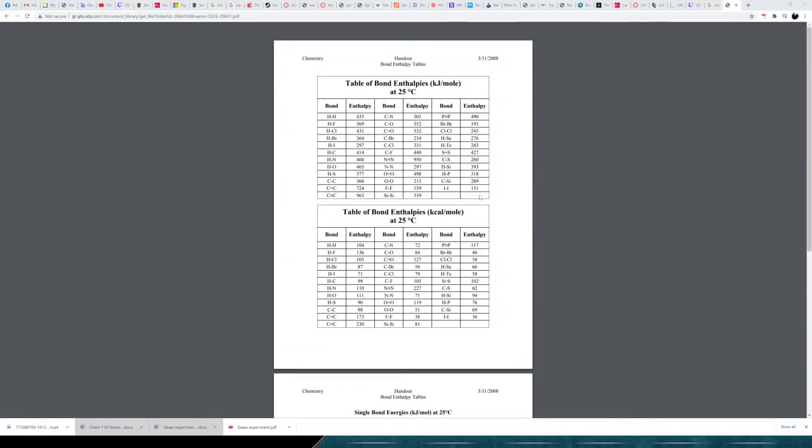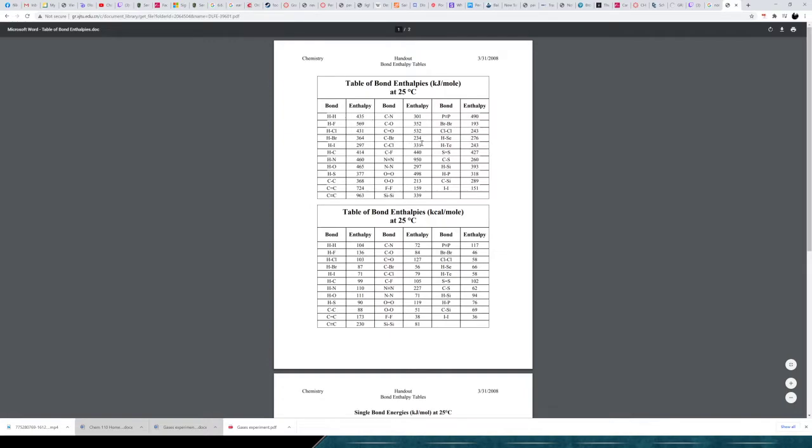Oh, I see. So all of these bonds have enthalpies associated with them. That would be the energy required to break those bonds apart. Breaking bonds always takes energy, so all of these quantities are always going to be positive.